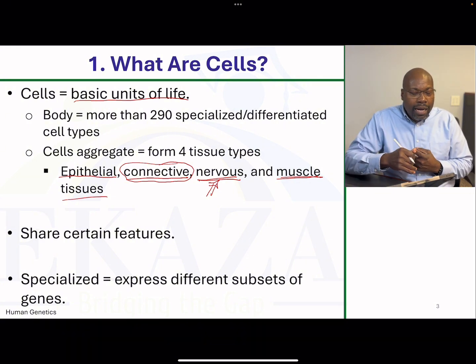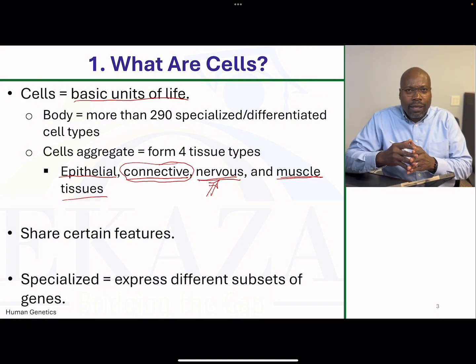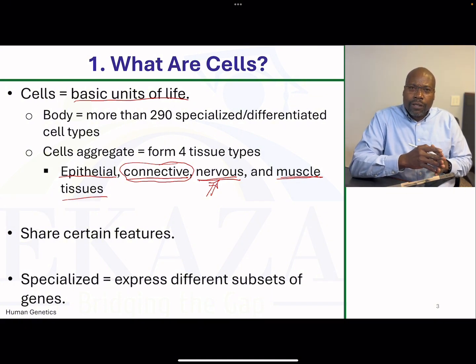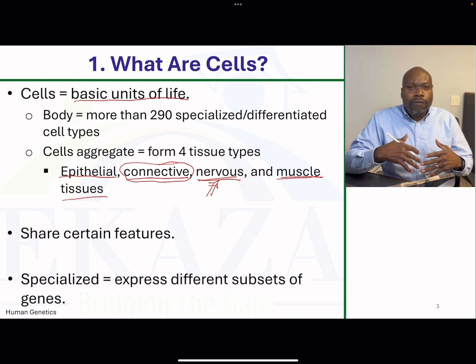They're not going to look alike. They're not going to perform the same function. So the set of genes that are being expressed and genes that are being turned off determine the specialization of a particular cell.